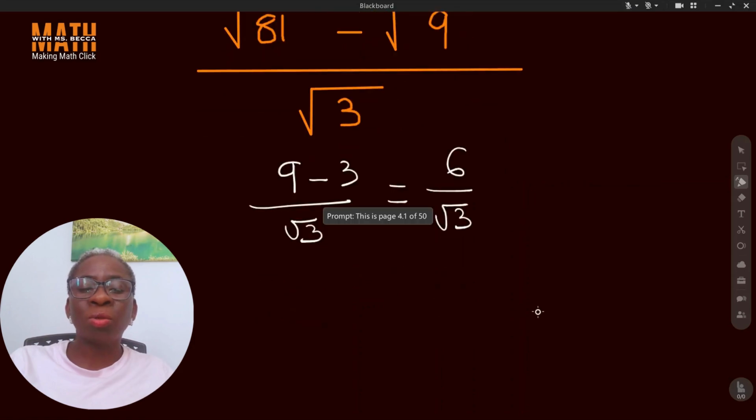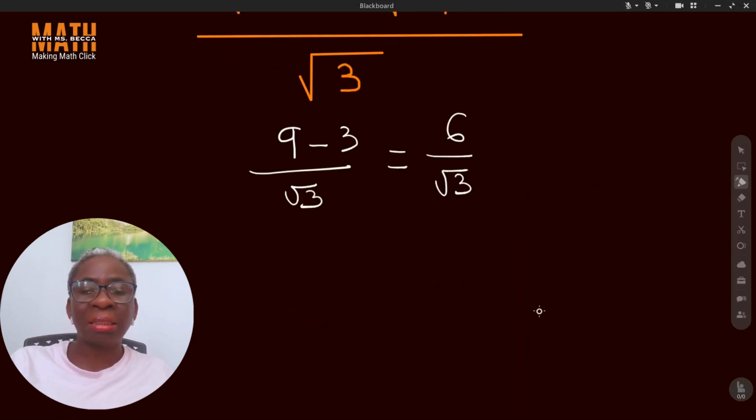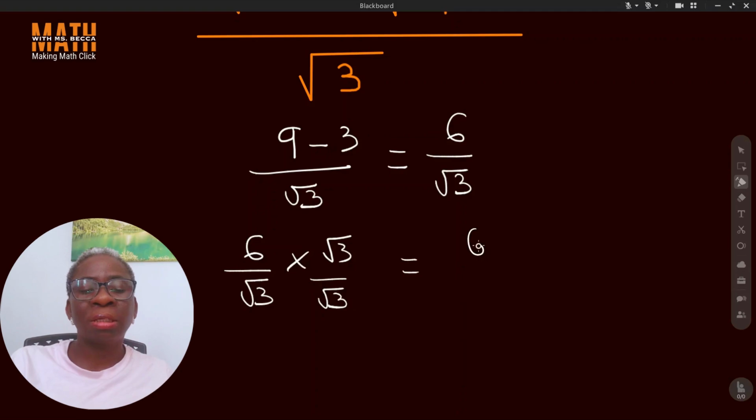But we are not going to leave our answer like this. Instead of that, we will have to rationalize it, so that we will have 6 over root 3 times root 3 over root 3. And this would give 6 root 3 over 3.